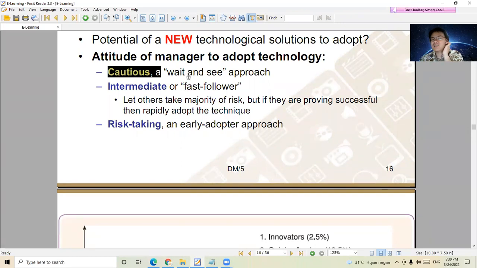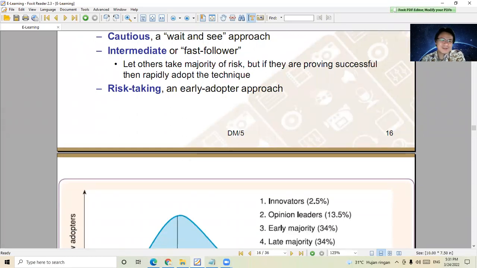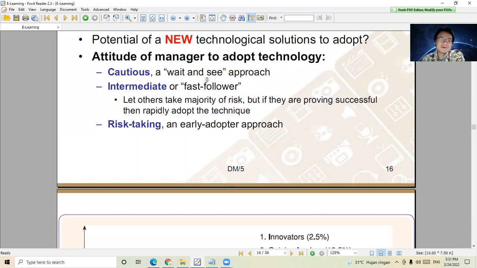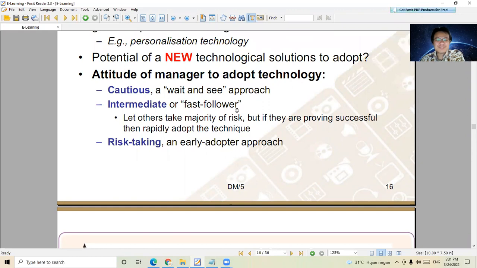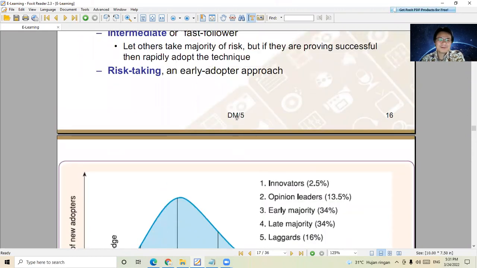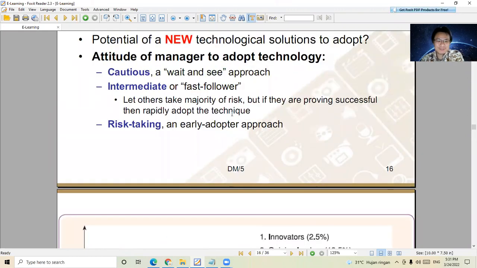I think this is the safer one, but it can be a problem if other people prove to be successful, then we can be left behind because of too much waiting, and eventually we are left behind. I think that's the caveat of being too cautious. Maybe I would say intermediate can be a better option, in my opinion.